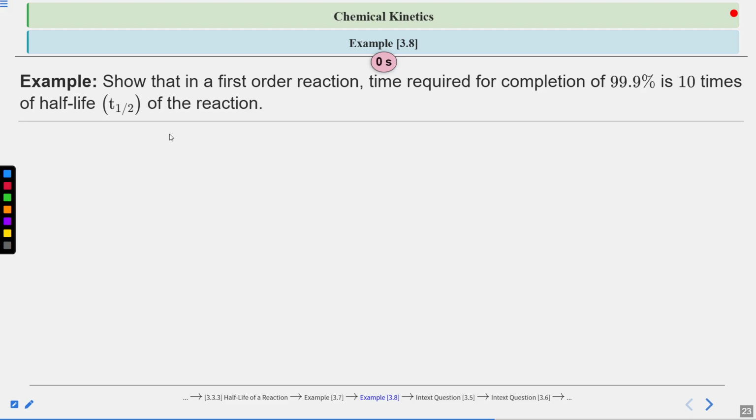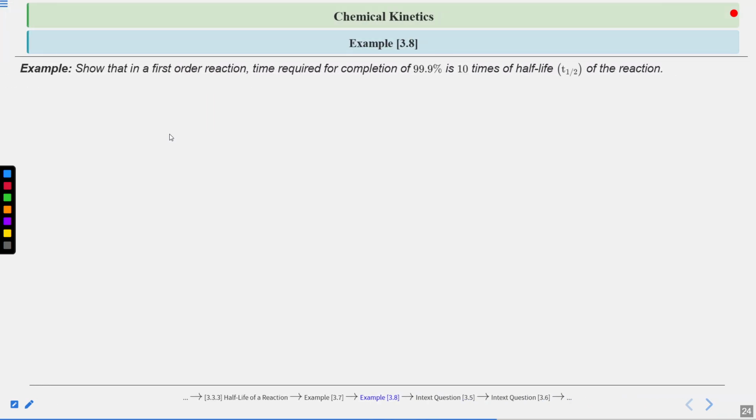Okay, let's see. So for this example, when the reaction is completed 99.9%, that means we have 0.1% of the reactant remaining, right? Other than that, the 99.9% of the reaction is already completed.